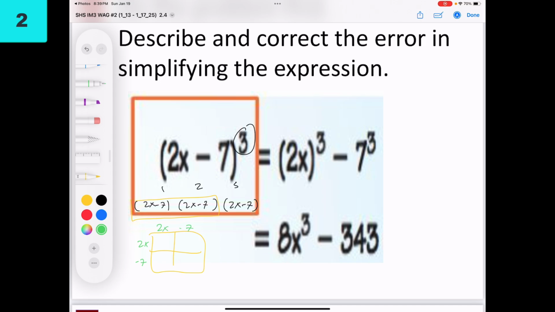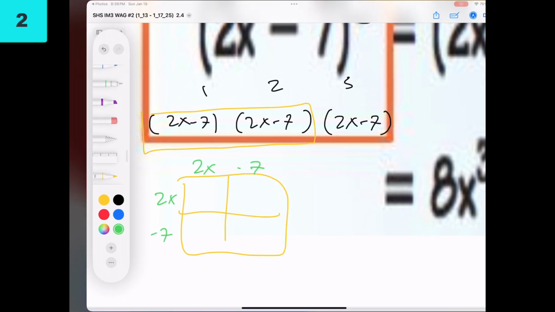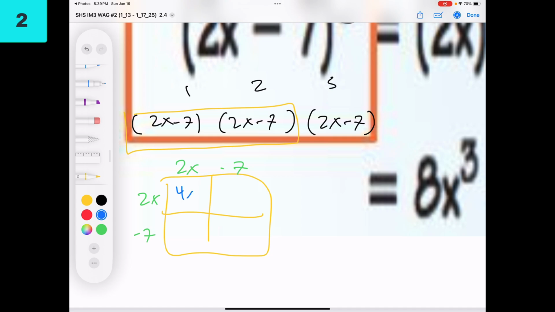And we're going to multiply first, then we'll add. So that will equal 4x squared minus 28x plus 49.